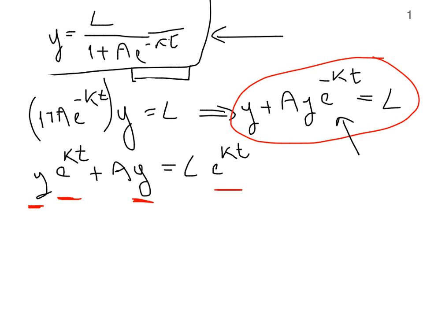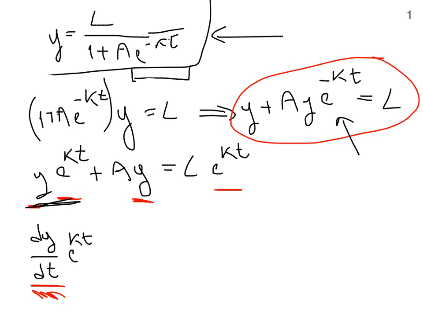Here there is a product, so as usual I need to take the derivative of the first term times the second plus the derivative of the second term times the first term. So that means the derivative of y over dt. Stop. This is implicit, we are not writing anything here. This is the implicit differentiation. Let's go on.